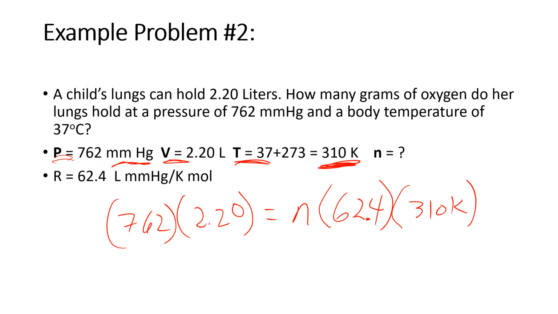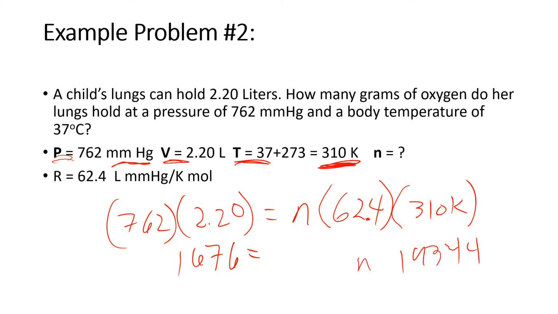Okay, so then you just do that math, and 762 times 2.2 is 1676. So 1676 equals 62.4 times 310, which equals 19,344, times n.